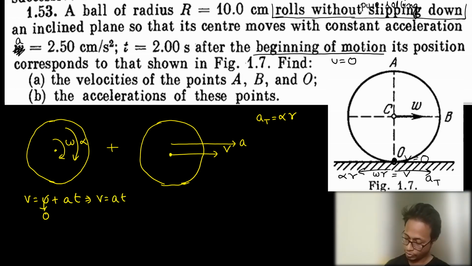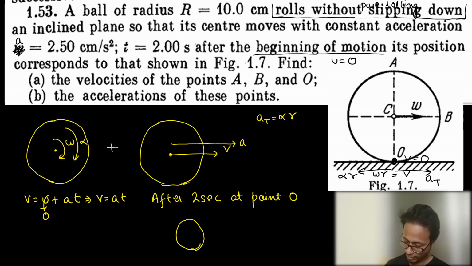So the velocity at the bottommost point would be on this side. So at point O, after 2 seconds, the velocity due to translation would be equal to at, and whatever is the velocity of translation will be balanced by the velocity of rotation in the opposite direction, which is equal to at.